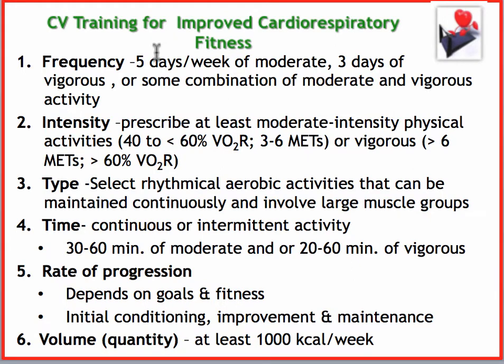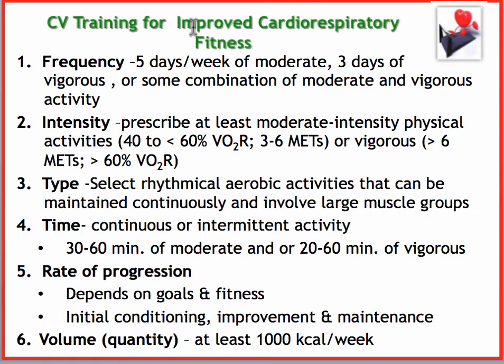So to improve cardiorespiratory fitness, exercise should be performed at least 5 days a week. That's of moderate intensity exercise, or 3 days of vigorous, or some combination of moderate and vigorous intensity activity. So 3 to 5 days a week. And the intensity should be at least moderate intensity physical activity.